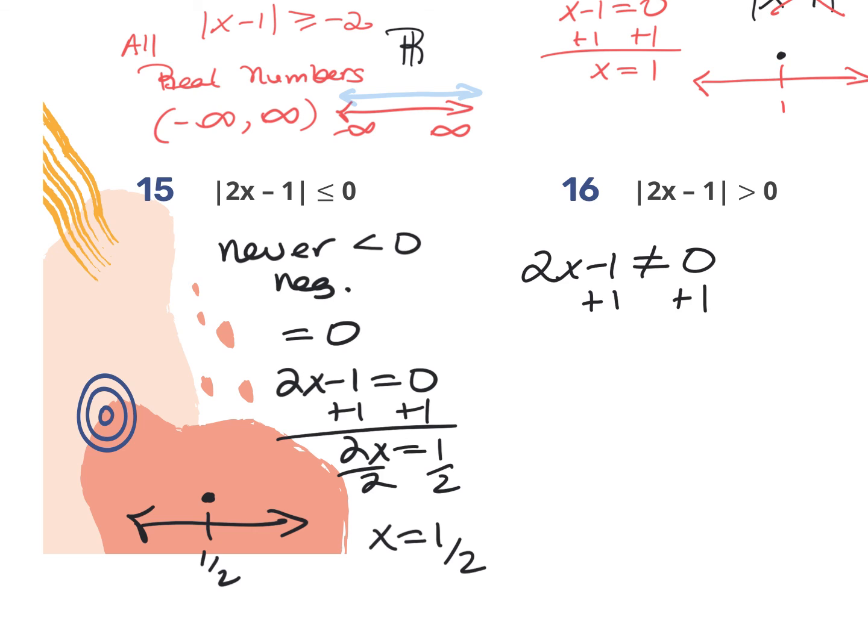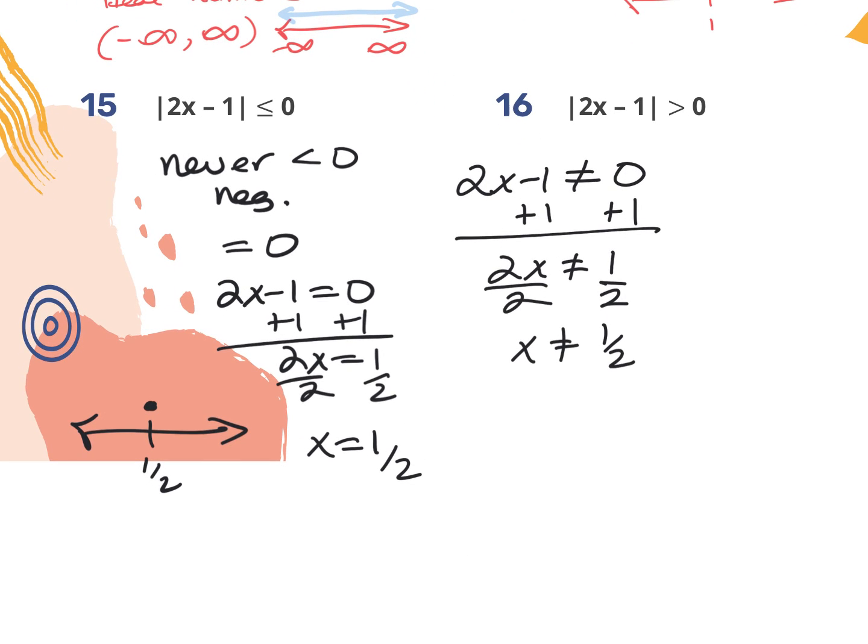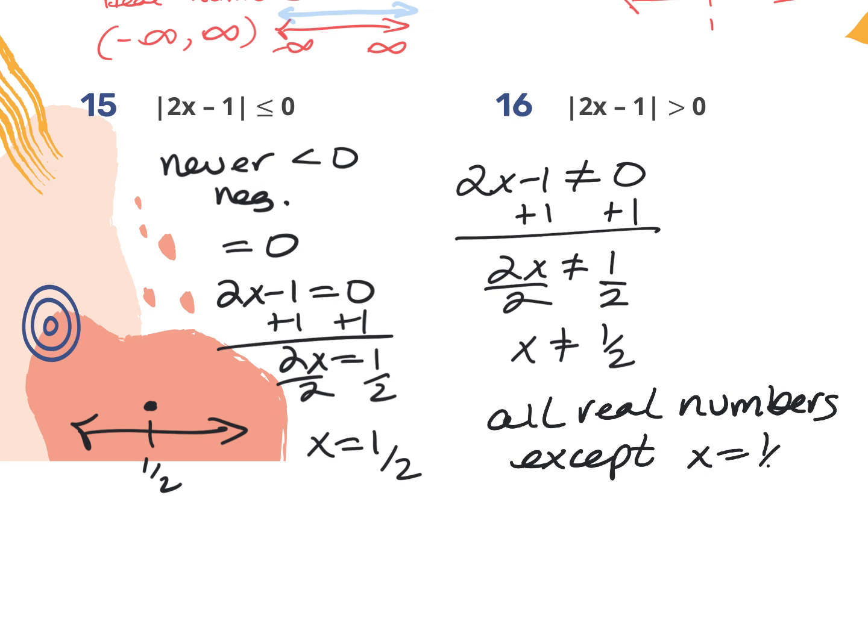So I'm going to add 1. 2x cannot equal 1, divide by 2. So it's going to be all real numbers except when x equals 1/2. So the answer here is all real numbers except when x equals 1/2.